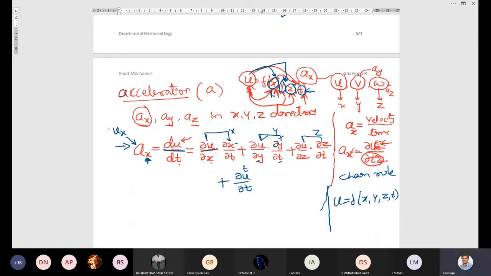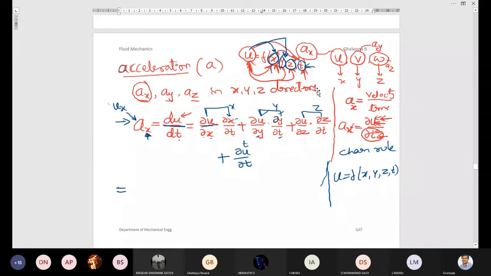Okay, dear students, now let me continue the same question. So I will write the same acceleration in x direction, du by dt is equal to dou u by dou x, dou u by dou x as it is. Dear students, just concentrate here.